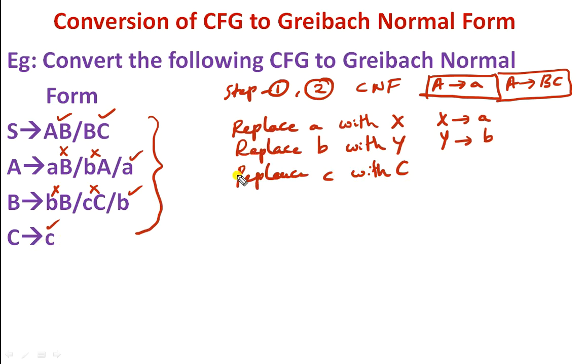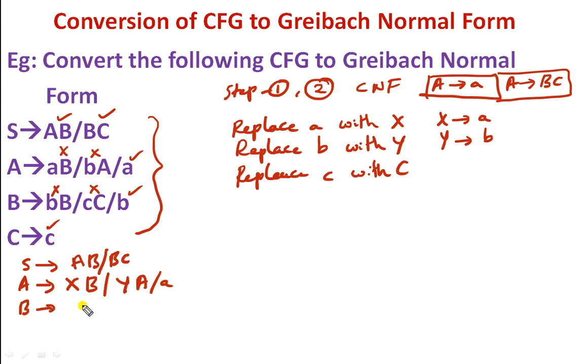So now, doing so, the production rules will be changed such as S generates AB or BC, no changes are needed. A generates small a is replaced with X, XB or bA is replaced with YA or a.